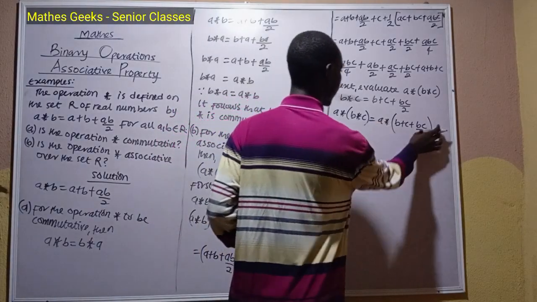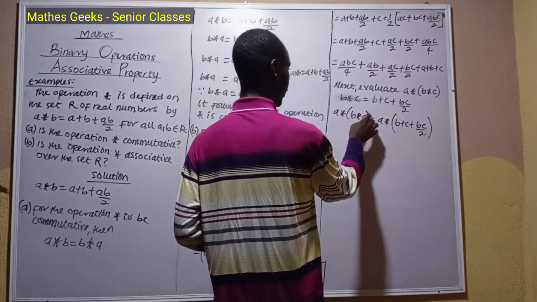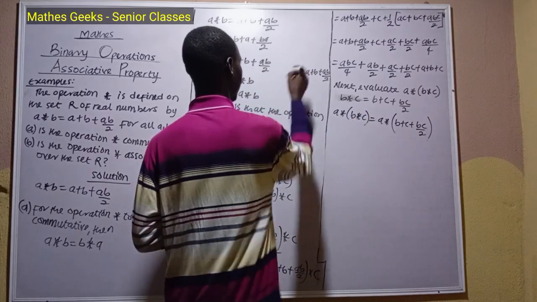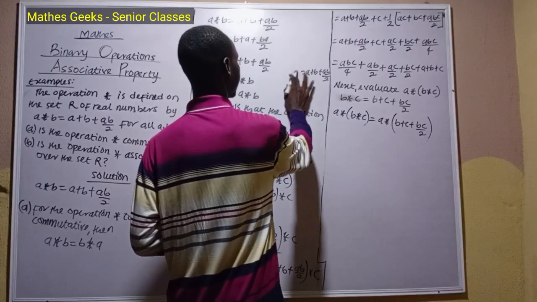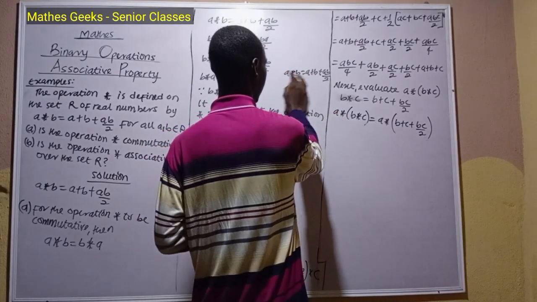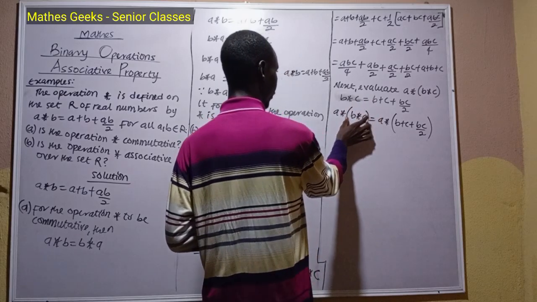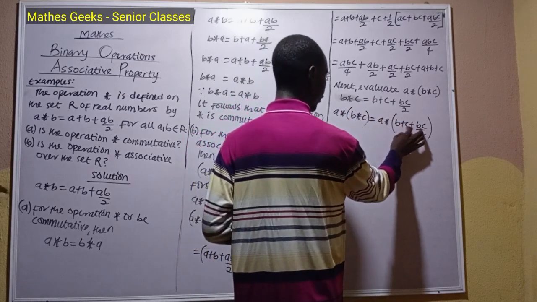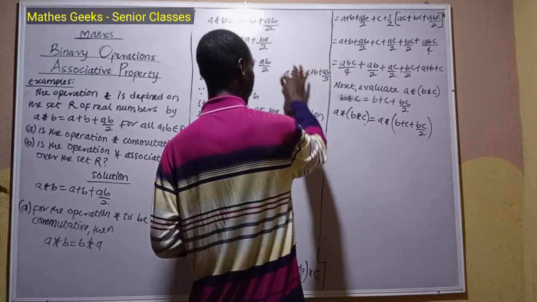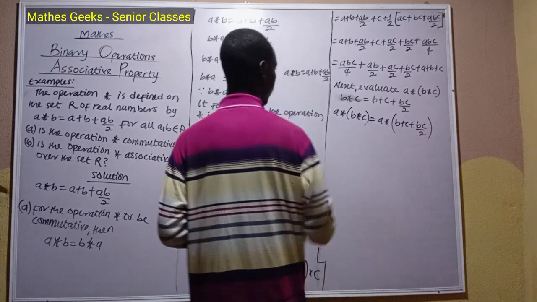So when you simplify this part, if you compare this to the general rule of combination, A is A here and B is B star C, which is this bracket here. We have to simplify this part. So anywhere we see B in this general equation, we're going to replace it with B plus C plus BC over 2. So take note.